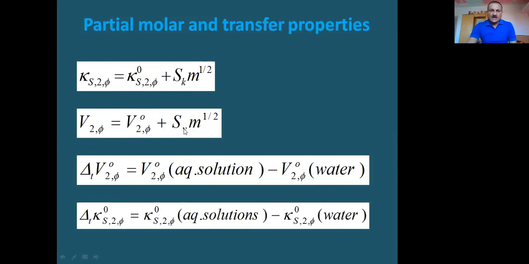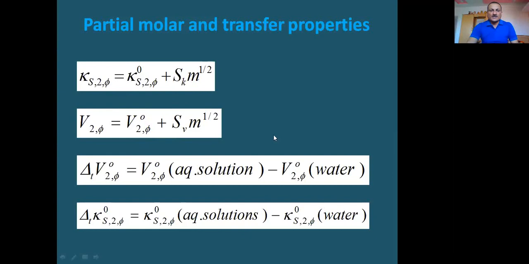These are the intercepts, and the slope of the graph will give you SV and SK respectively, which are the parameters corresponding to the solute interaction in the solution. These two parameters and the partial molar properties give you information about solute-solvent interactions.